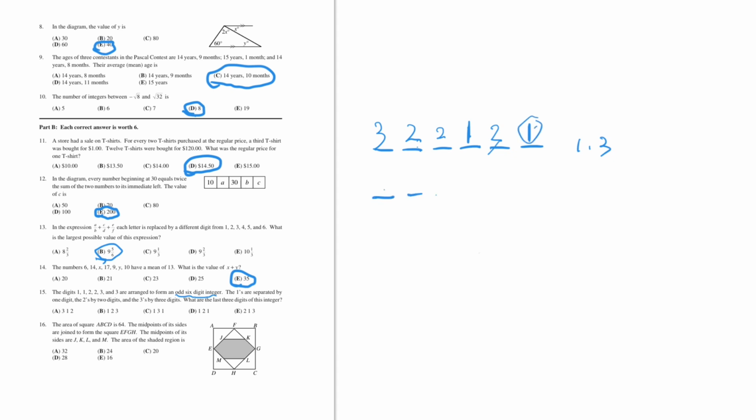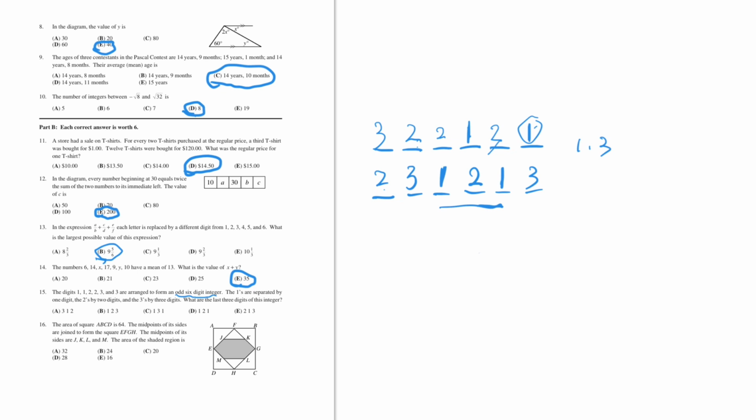Now we look at whether the 3 works. I put a 3 at the end. They must be separated by 3 digits, so the other 3 will be here. In the middle, those are 3 digits. Definitely we can put the 1s here. Now for the missing digits, we put the 2s, one at the front.